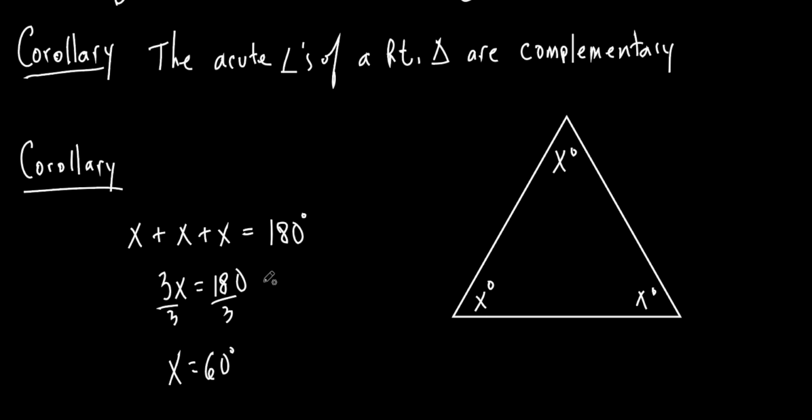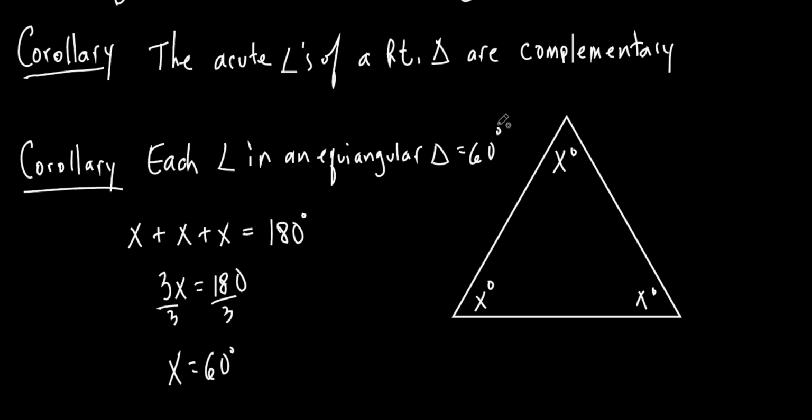This is kind of like a proof. It basically is. So the theorem says that each angle in an equiangular triangle equals 60 degrees.